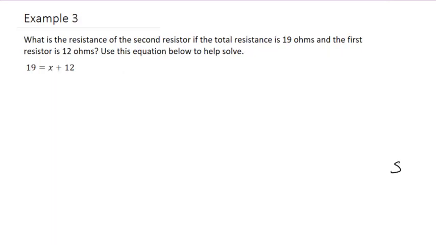Example 3. What is the resistance of the second resistor if the total resistance is 19 ohms and the first resistor is 12 ohms? So we're going to use the equation below to help us solve. So now we have 19 is equal to x plus 12.